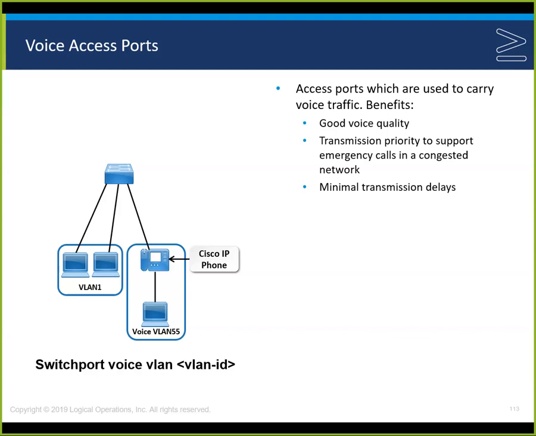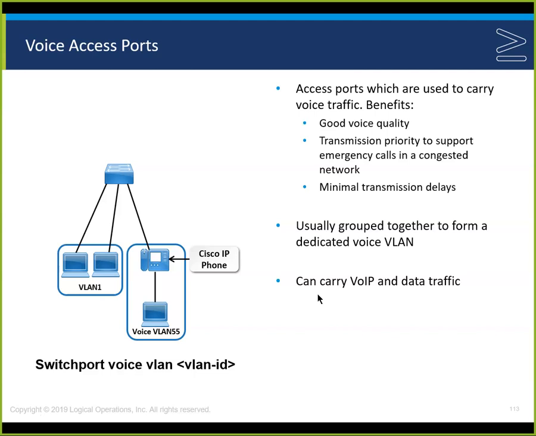But the voice VLAN, we have a voice VLAN configured separately from the data VLANs for the devices themselves. Together to form a dedicated voice VLAN, it can carry VoIP and data traffic. The ports we're talking about here can do that, not the VLANs.